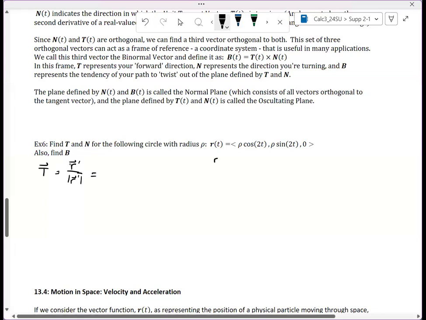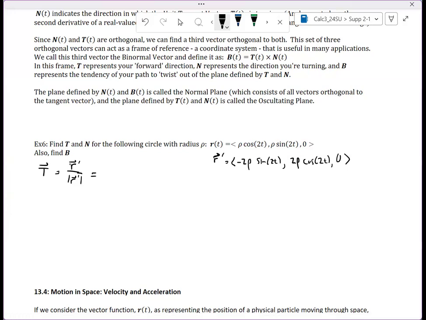So what is r prime? It's going to be negative 2 rho sine of 2t for the first component, the second component, 2 rho cos of 2t, and third component 0. Length r prime, we see we're going to get a sine squared plus cos squared bit under the radical, so that's going to be 1.